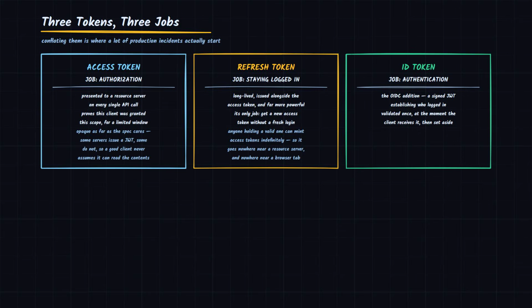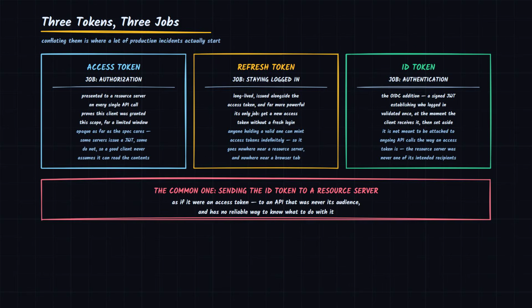The ID token is the OIDC addition, and its job is authentication, full stop. It's meant to be validated once, at the moment the client receives it, to establish who logged in, and then set aside. It is not meant to be attached to ongoing API calls the way an access token is.